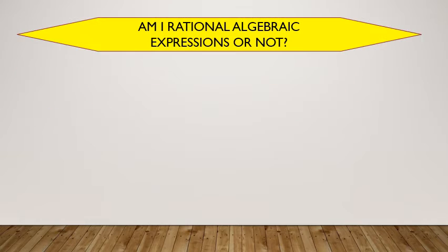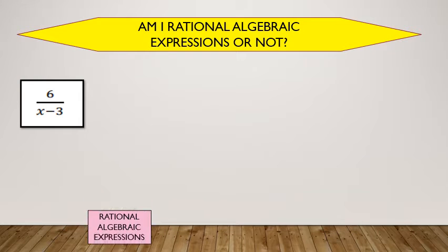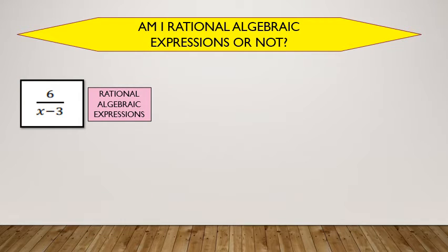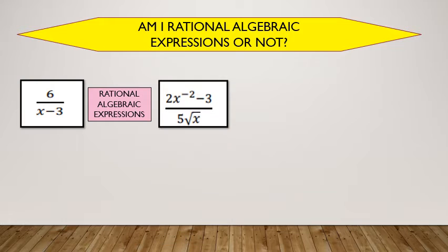Let's identify if that is a rational or not rational algebraic expression. First one, 6 over x minus 3. That is a rational algebraic expression. Second, 2x raised to negative 2 minus 3 over 5 square root of x.